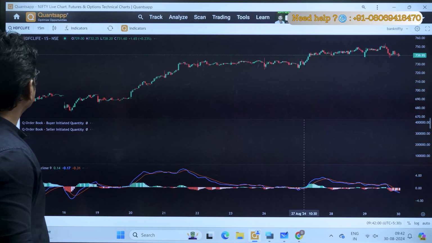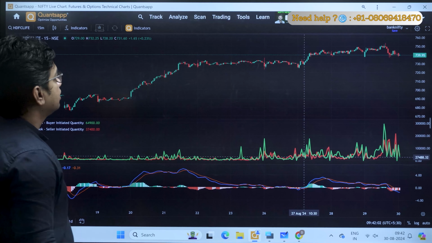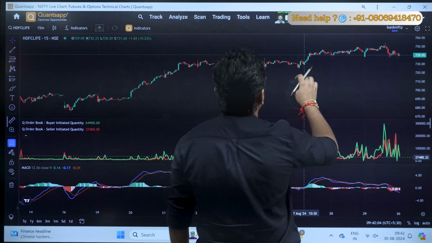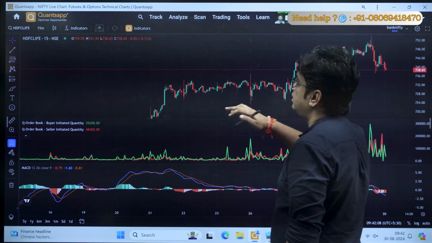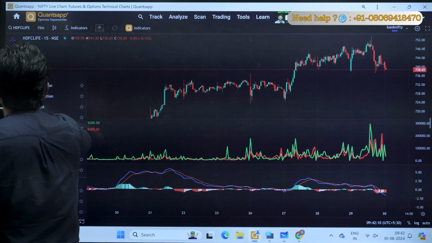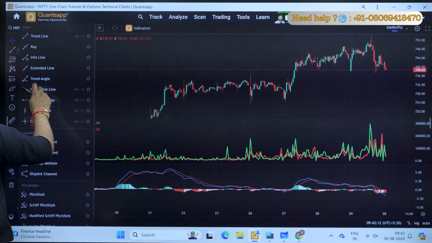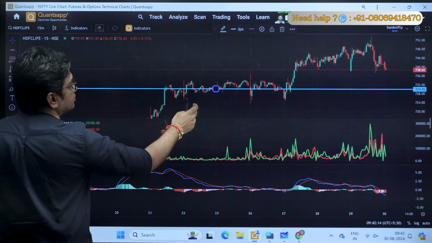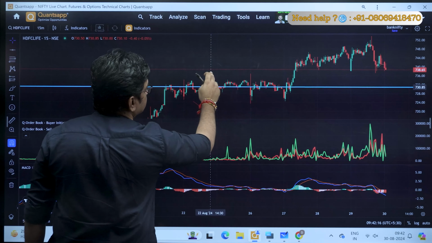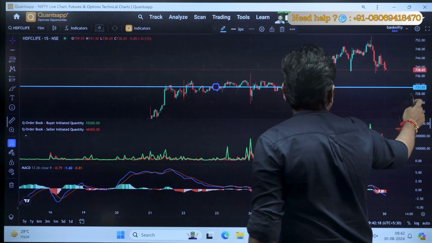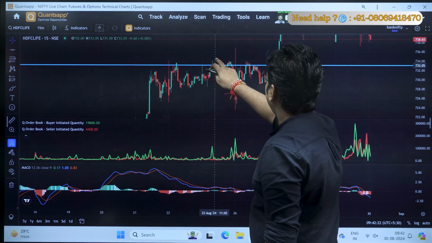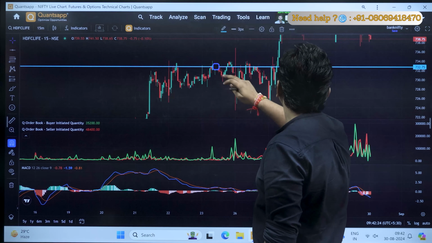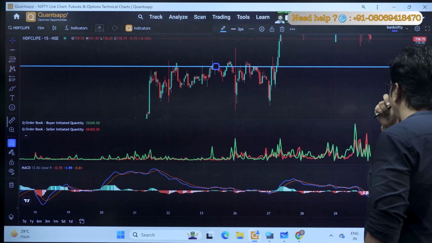Let me open this chart, just a minute. Yeah, see here you can see this particular level. You can see this is the level, and you can see they are spending much time over here. At this particular point, you can see this is the level, 732 or 730.